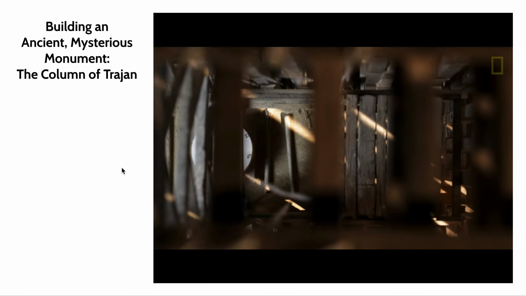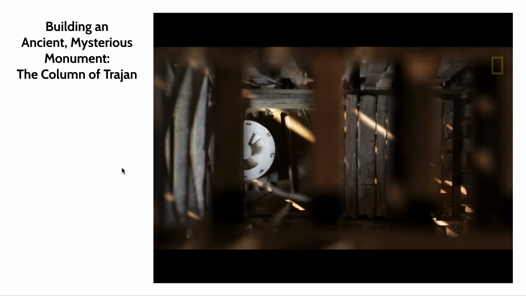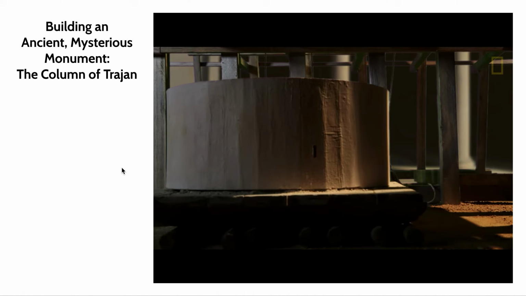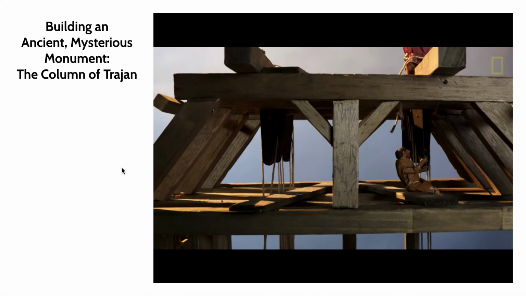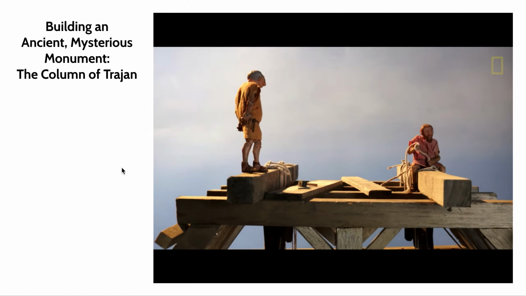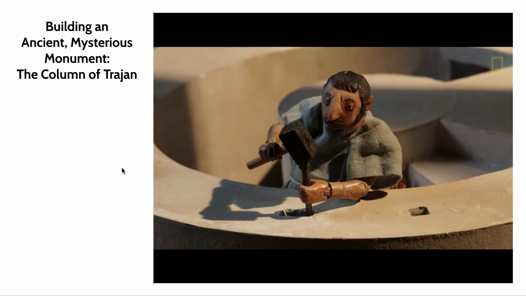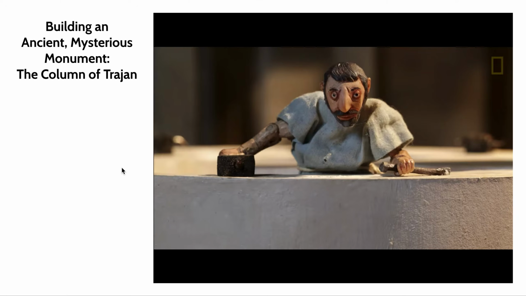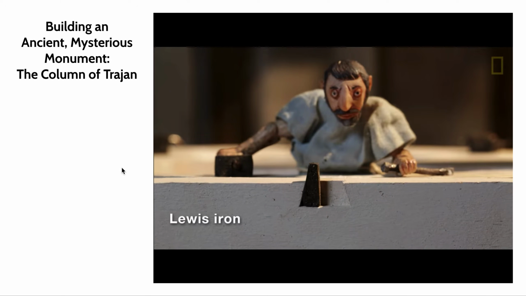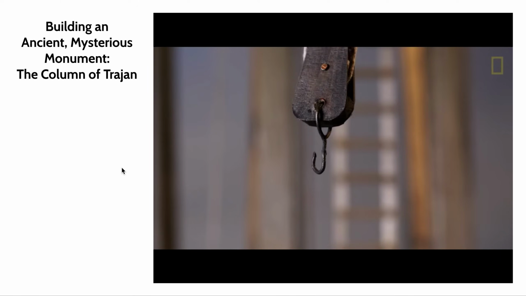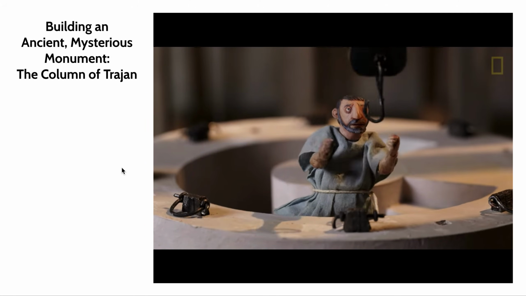A current theory says the drums were rolled into the base of a lifting tower, a sophisticated scaffolding and pulley system for lifting the drums high into the air. To grip the drums, slots were carved into the marble for Lewis irons, which held the marble from the inside. Then ropes were attached to each Lewis.